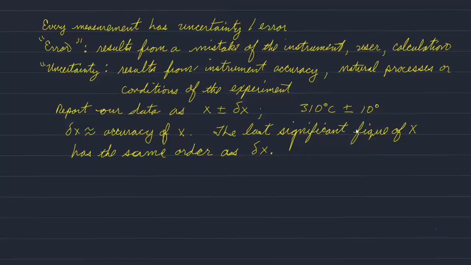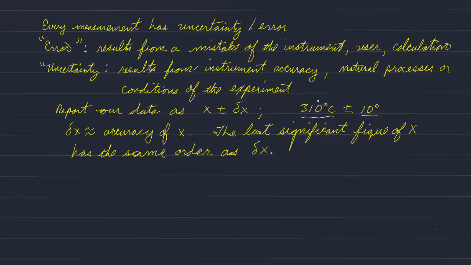So in the example above, we had an uncertainty of 10 degrees, and therefore we correctly reported our measurement as 310 plus or minus 10 degrees. So the uncertainty has an order of magnitude of 10 degrees C, and the last significant figure is in the tens place in our temperature measurement.